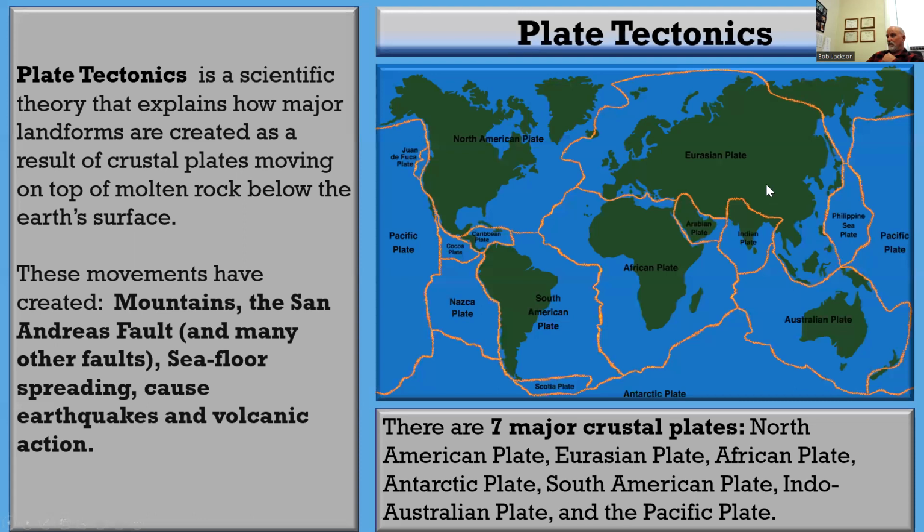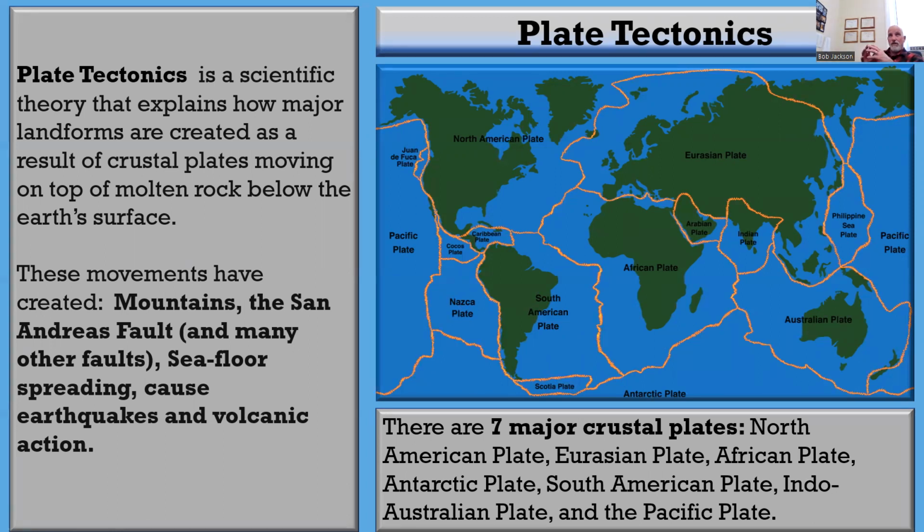If you're looking on the slide, there are several different plates that make up the entire Earth, and these are riding on the magma of the mantle and actually kind of floating and moving through time. Now it's only millimeters or centimeters at a time through years.